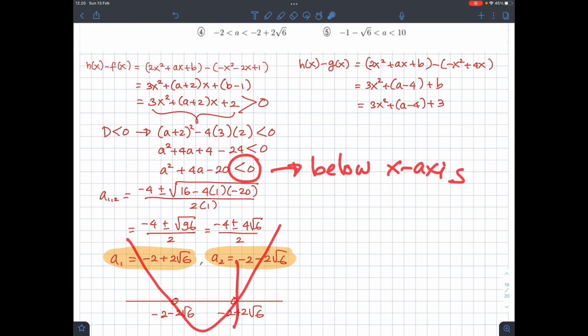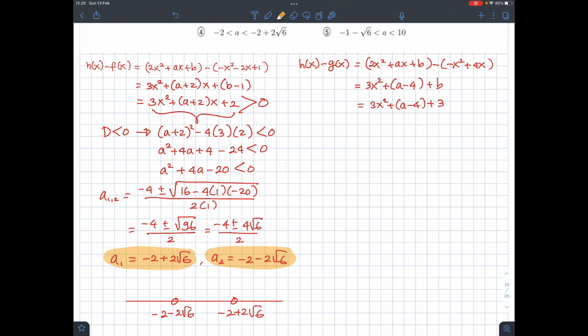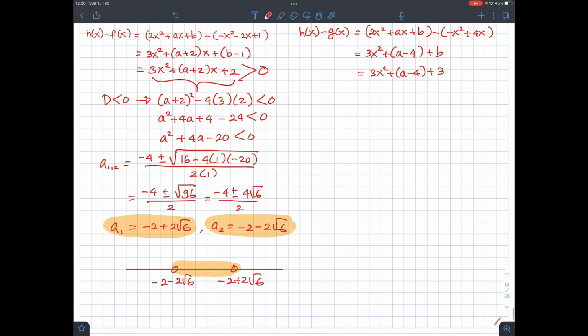So they ask you about this part, below the x-axis. So for this first part, we got a should be between these two values. Okay, done for this part, and let's continue to the next part.